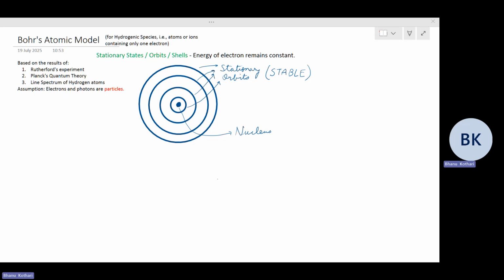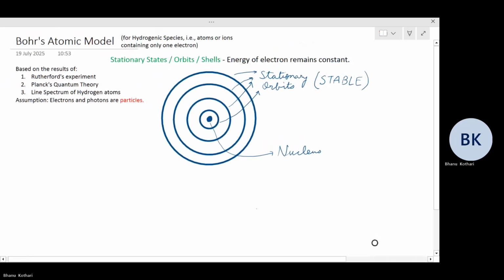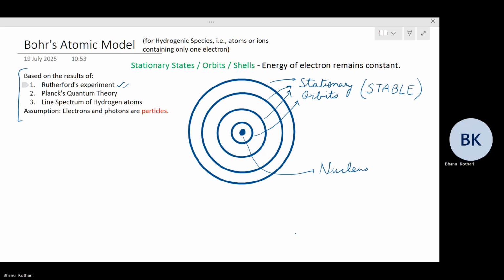The pretext of the Bohr model we should understand is that the nucleus has been discovered. Bohr's atomic model is based on Rutherford's experiment, which is the alpha particle scattering experiment. Rutherford found out about the nucleus which exists inside an atom.